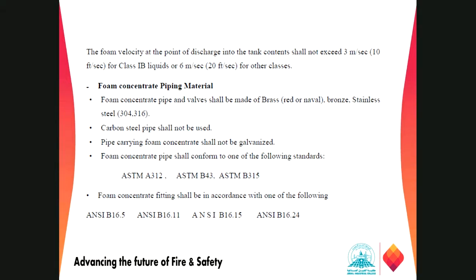So we have to keep in mind the maximum velocity should be 3 meters per second for class 1 liquid and up to 6 meters per second for other classes. In any case, we cannot go above that.